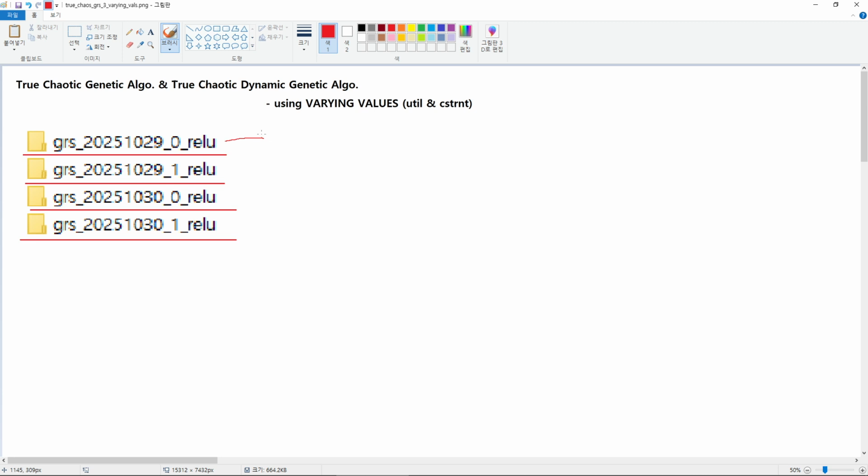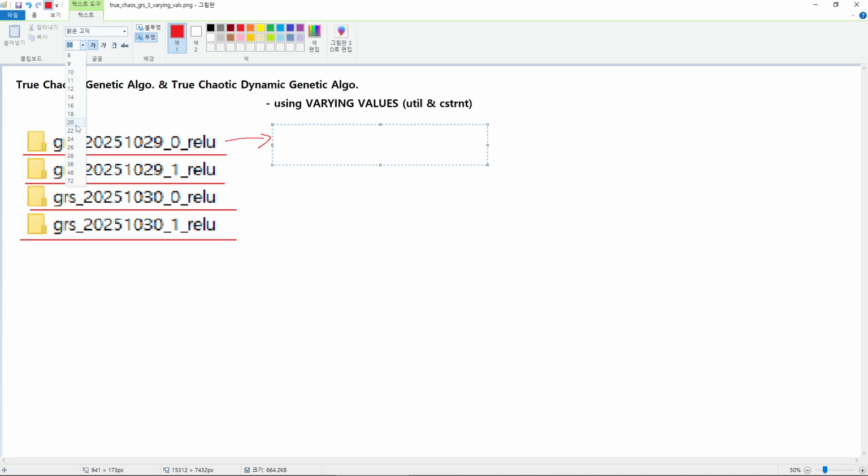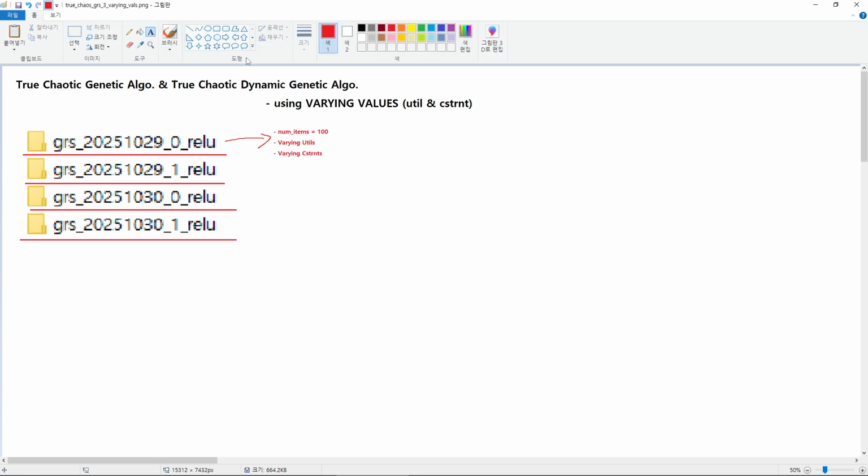This one uses varying utility values and also varying constraint values, and this one, the number of items is fixed at 100.